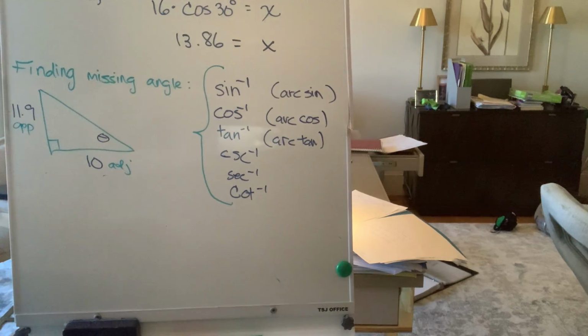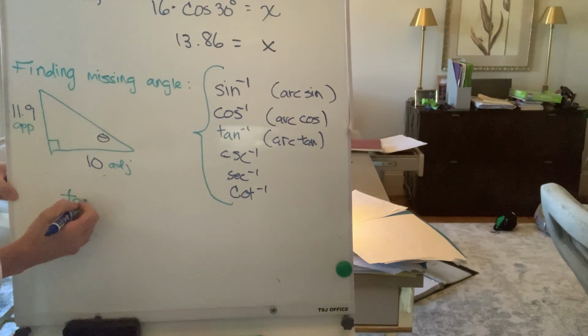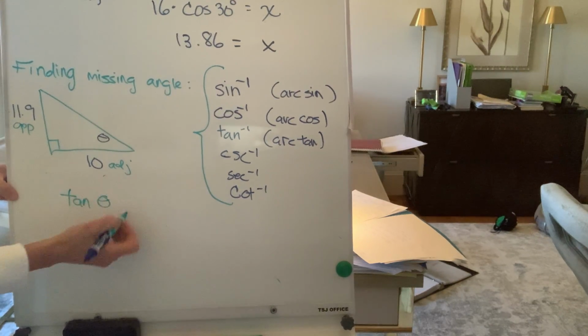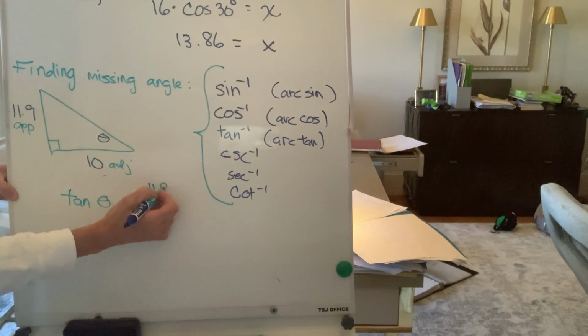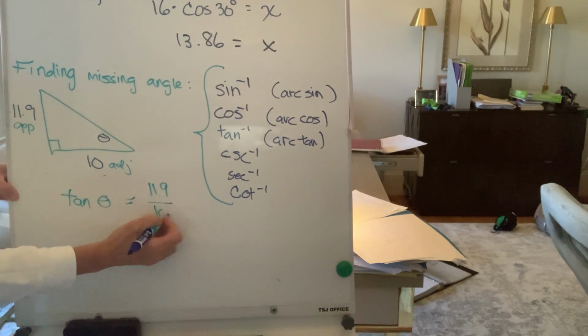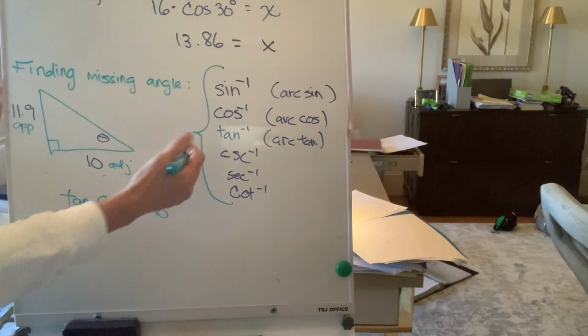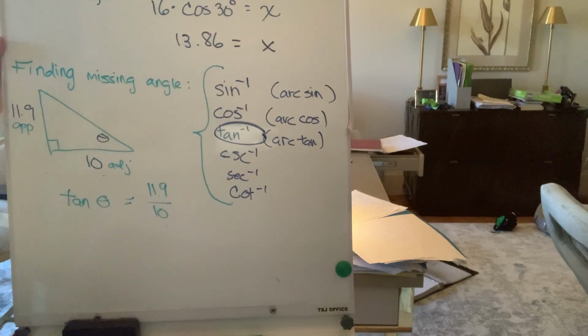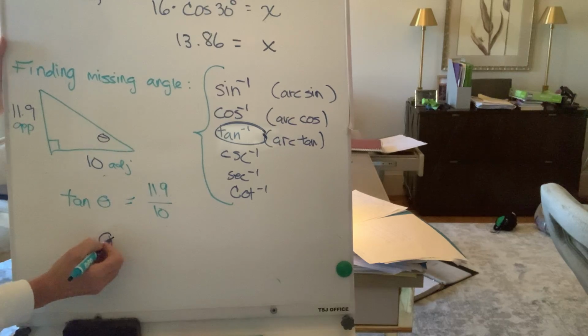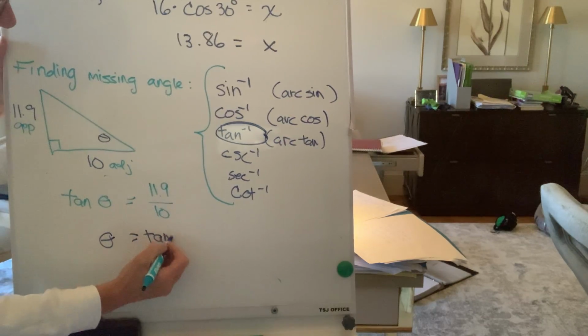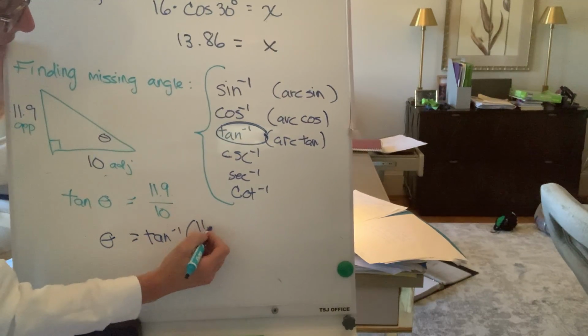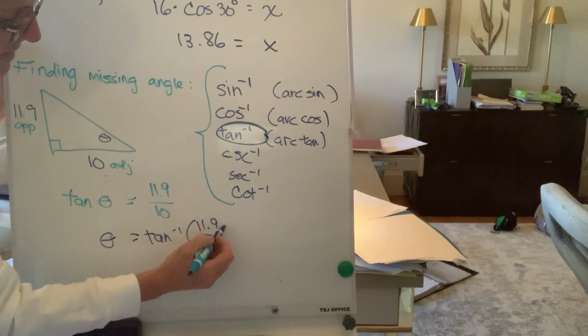Thinking of SOHCAHTOA, opposite over adjacent is tangent. So I know the tangent of theta here is 11.9 over 10. All right, so to get theta all alone, I want to use this tangent inverse. So theta equals tan inverse of 11.9 over 10.